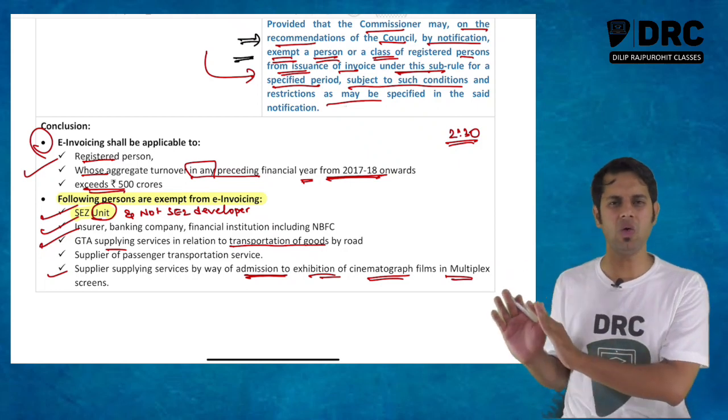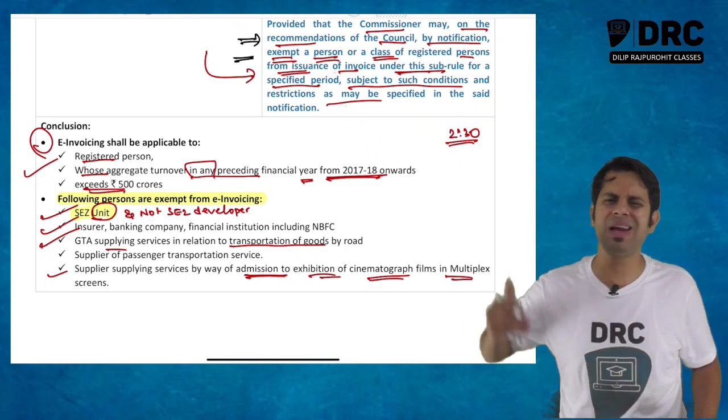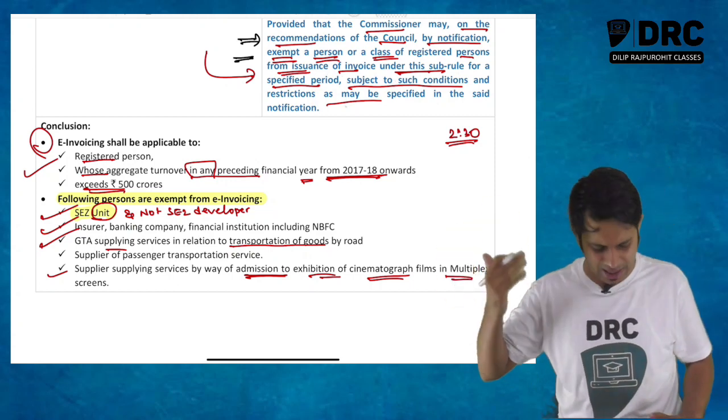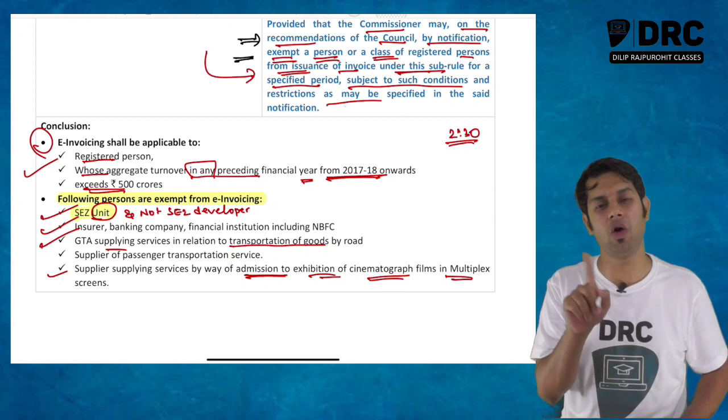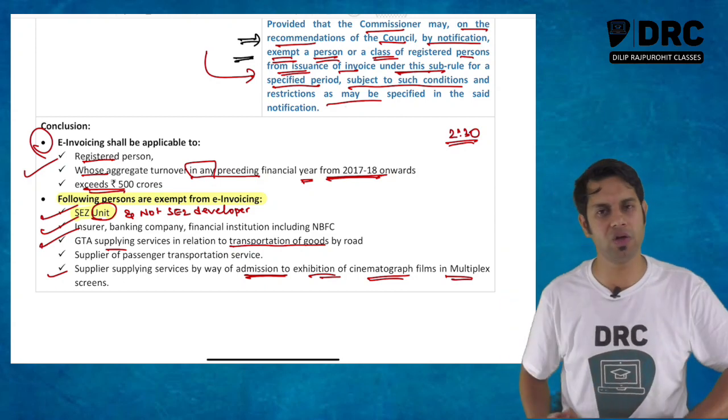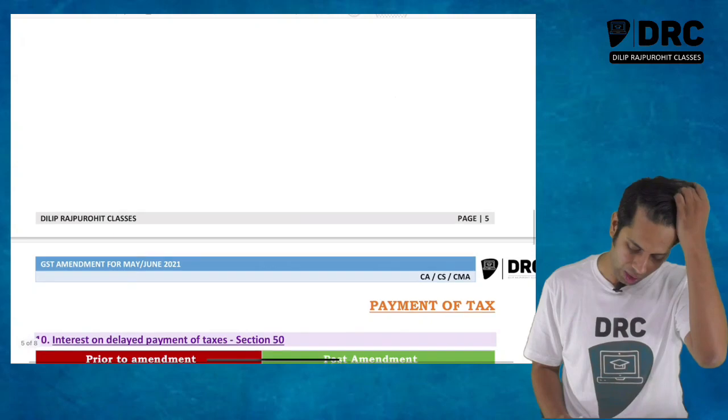They are telling, okay, for you, I don't want you to follow. Similarly, banking companies, insurance companies, etc., are not required to follow. And please note, an SEZ unit is not required to follow, but an SEZ developer has to follow the e-invoicing provision. That is an important point.